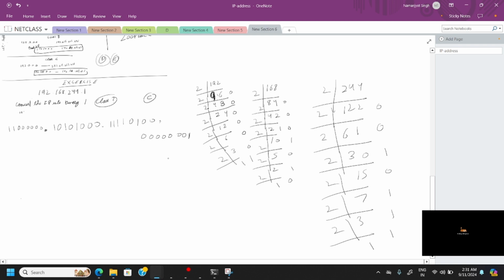So 192.168.244.1 is represented as 1 1 0 0 0 0 0 0, 1 0 1 0 1 0 0 0, 1 1 1 1 0 1 0 0, and 0 0 0 0 0 0 0 1. These dots are necessary because it's four octets.